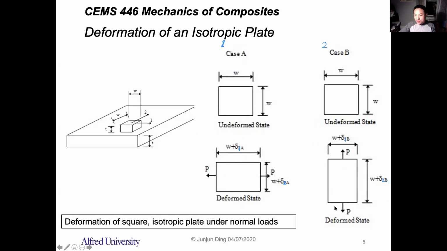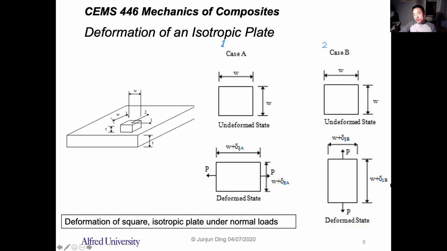No, sorry, this is actually correct. Yeah, so delta 1A equals delta 1B, right?